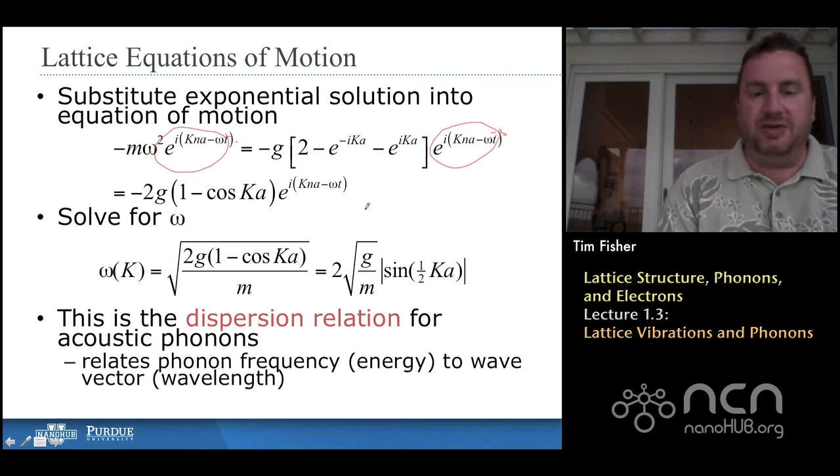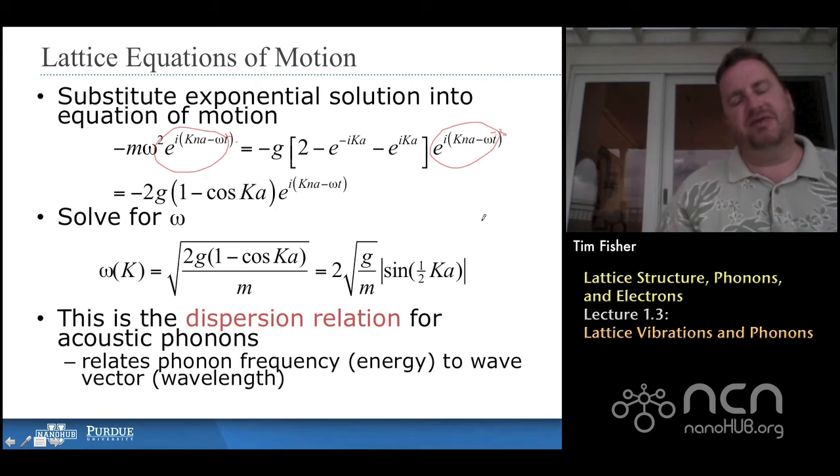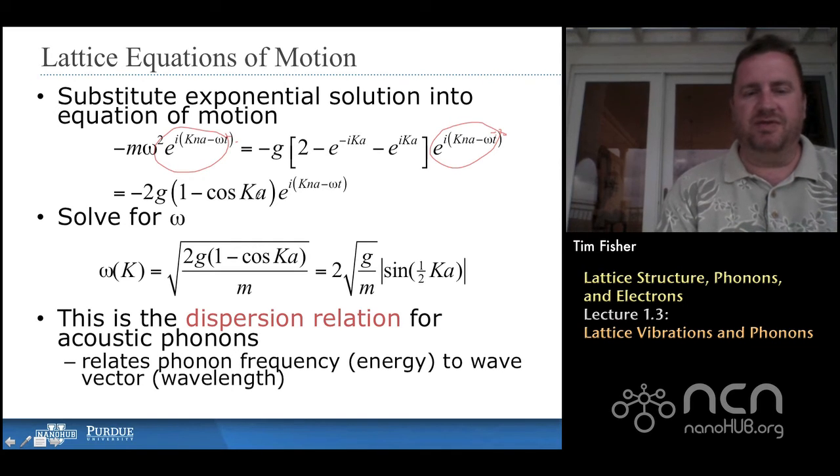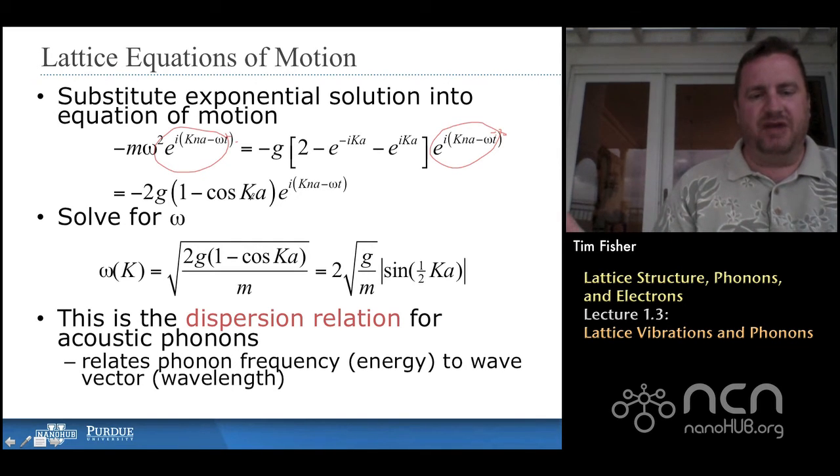What we would like to do is to develop an expression that relates k, the wave vector, to omega, the frequency. So once we have that, then we can understand how fast waves are moving. And again, if you've done any studying of wave theory, you'll know that embedded in terms like this e to the i (kna minus omega t), you have a wave velocity and so forth. And we're going to talk about those in just a moment.